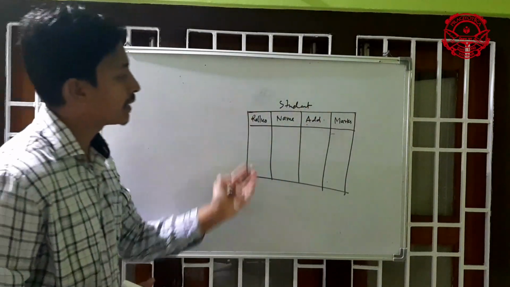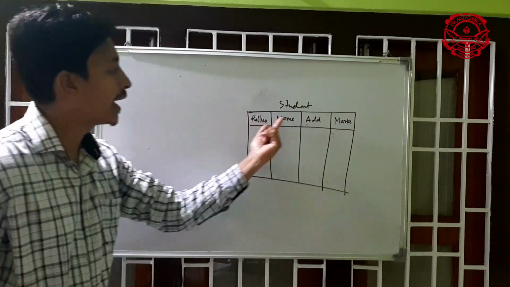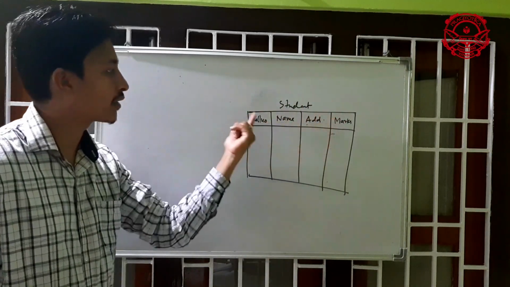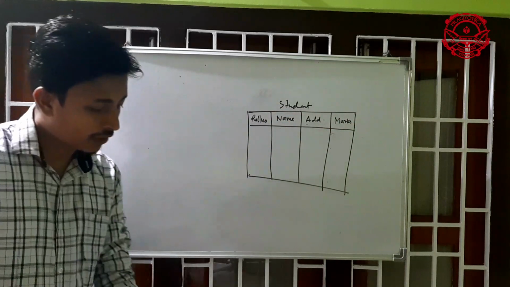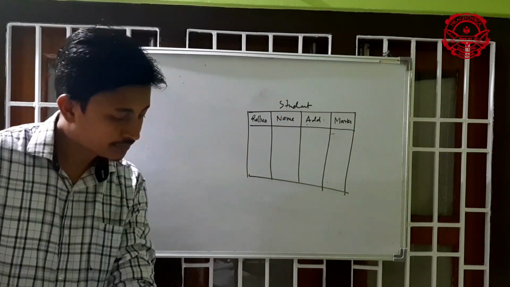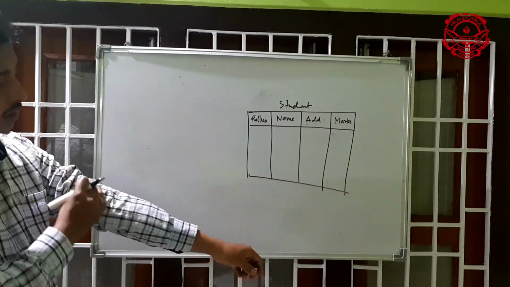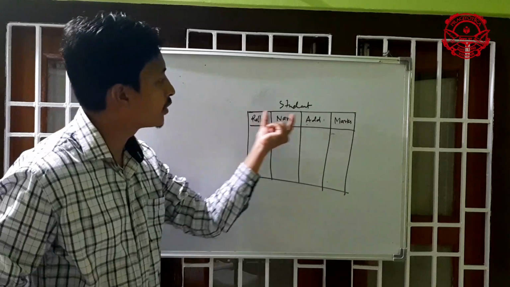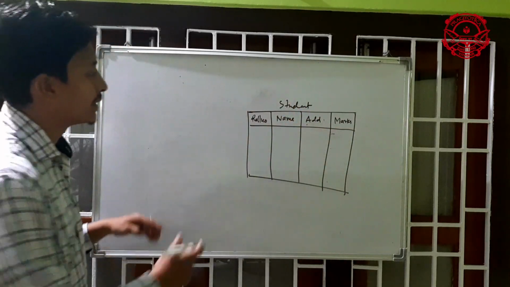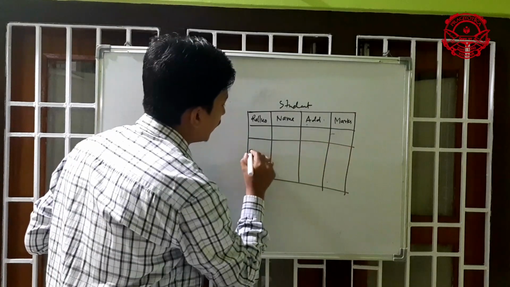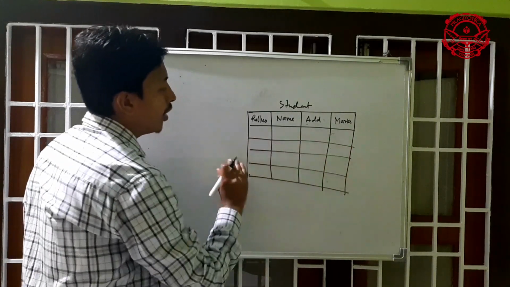So this is the student's table: roll number, name, address, and marks. These are called attributes, or you can say the columns of the table. Next thing is the value, or you can say tuple. This is called tuple or value.